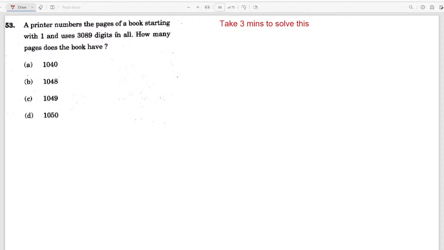Others, if you are solving it, please solve and post your answers. Try to think how to solve this.